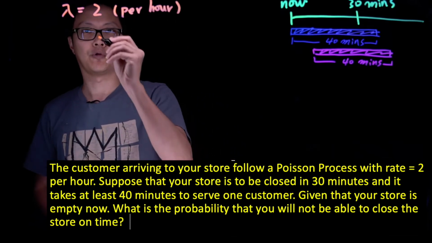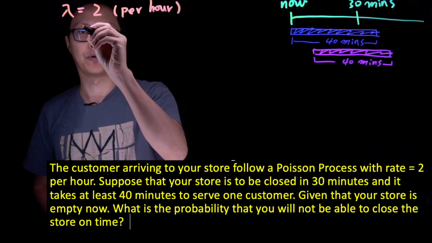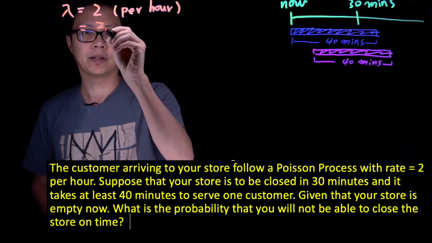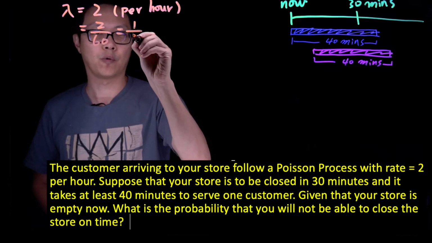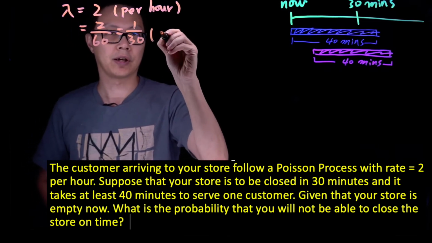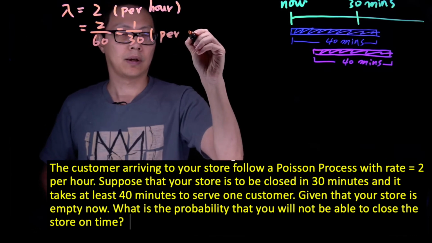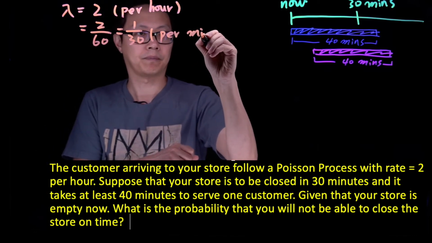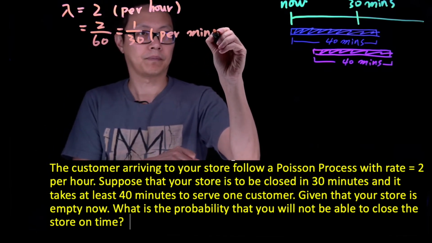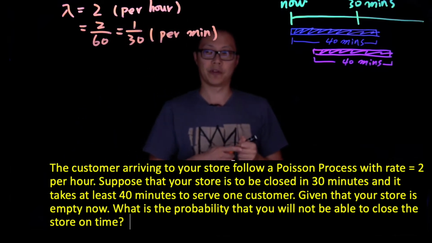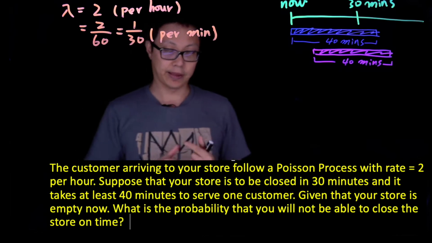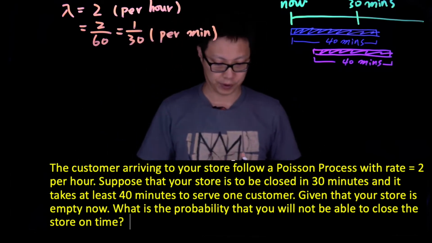So the first thing you want to do is to convert this to minutes. That means for every 1/30, that means you will receive 1/30 customer per minute, and that's the lambda that we are going to use.